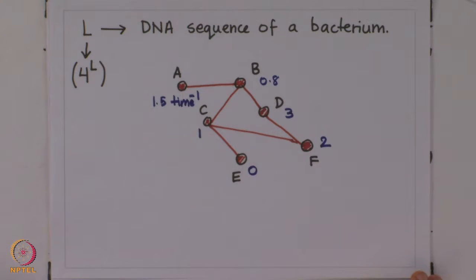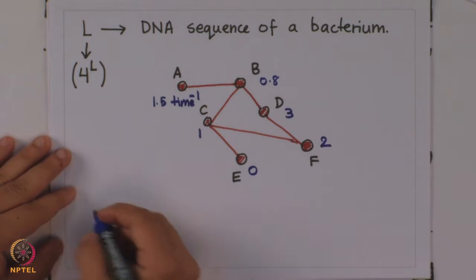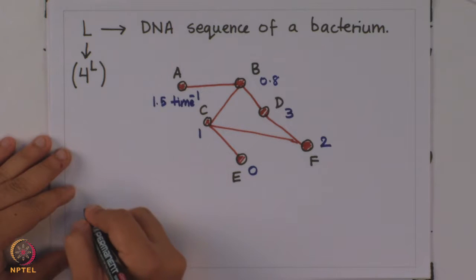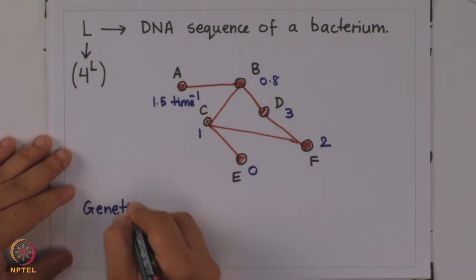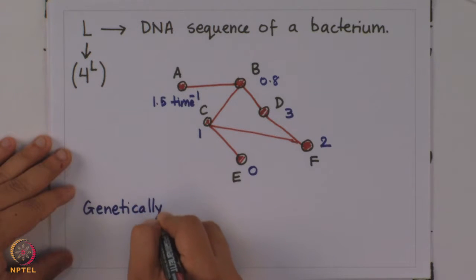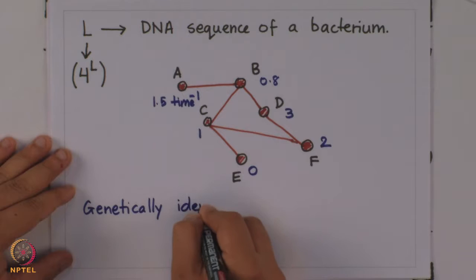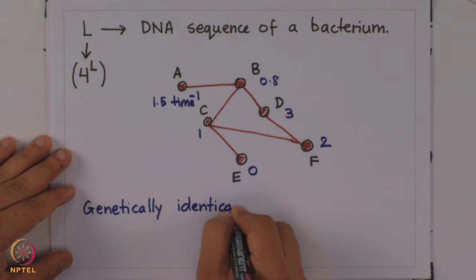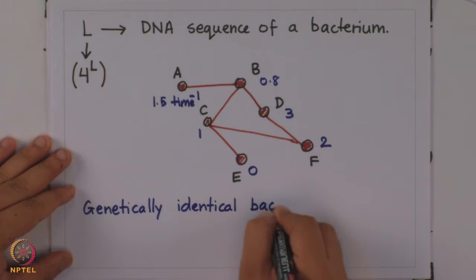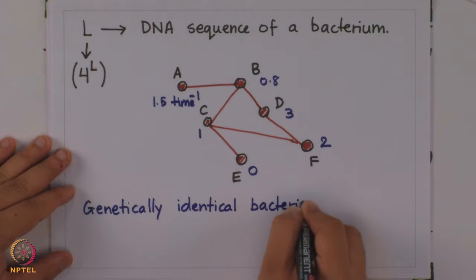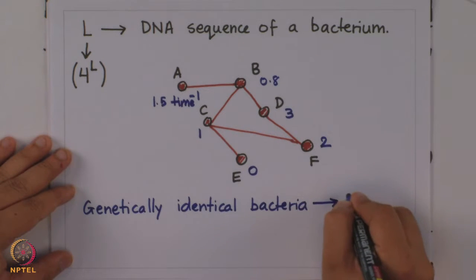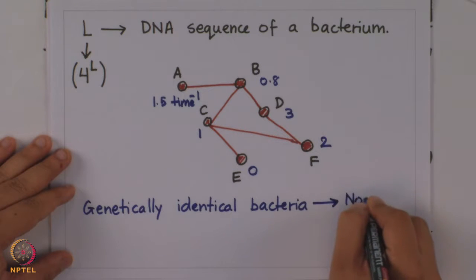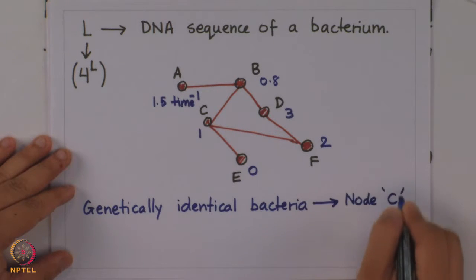Now, let us imagine that we start off our experiment with genetically identical bacteria, and all bacteria have a sequence which corresponds to node C. Okay.